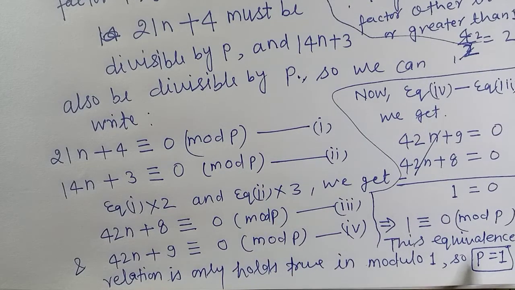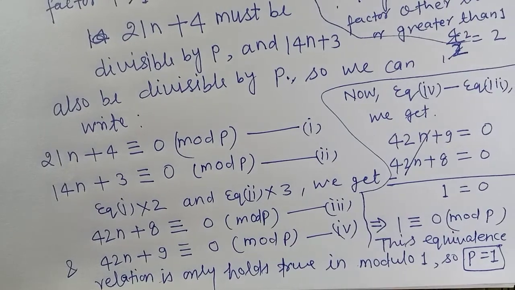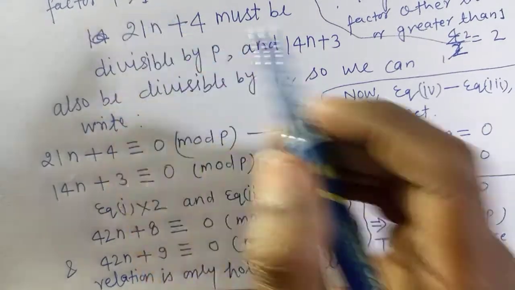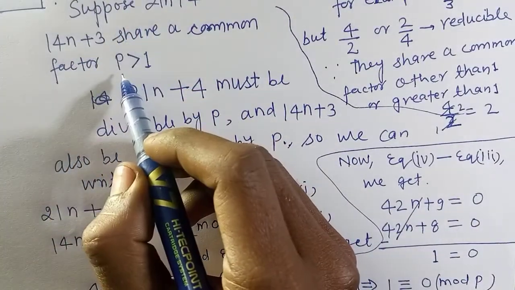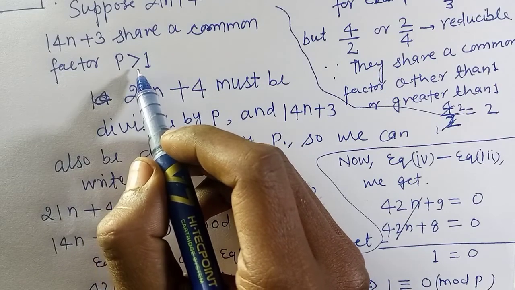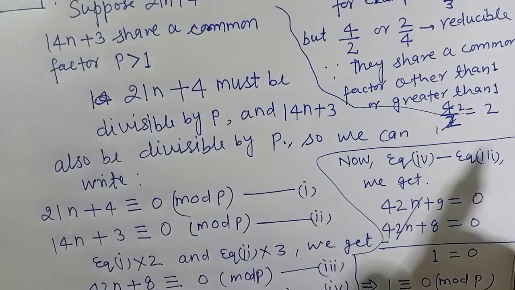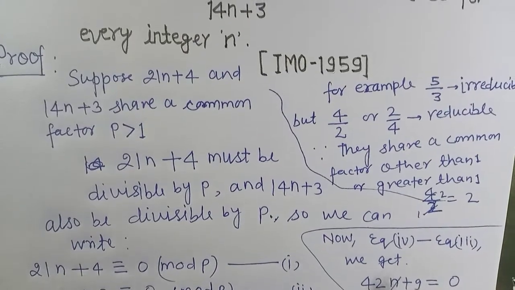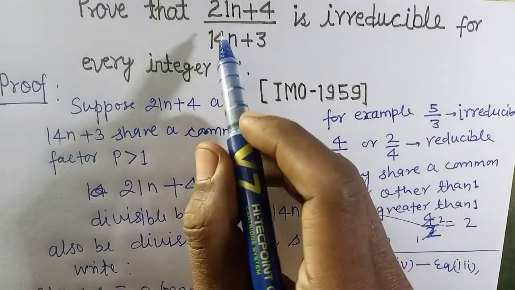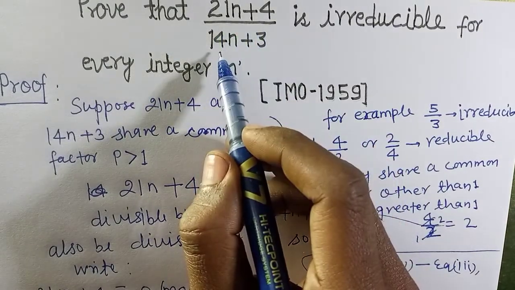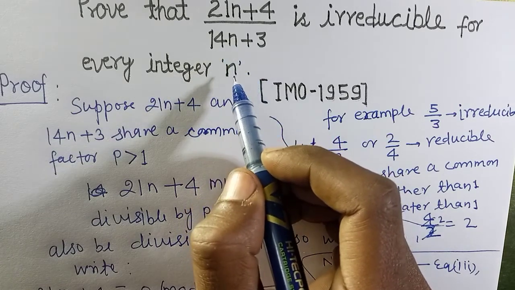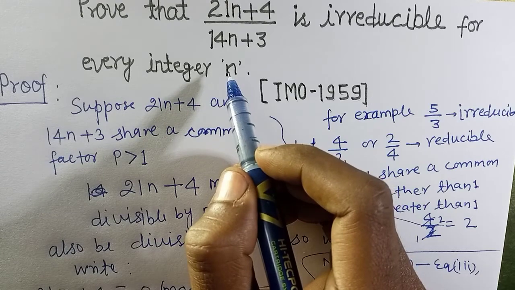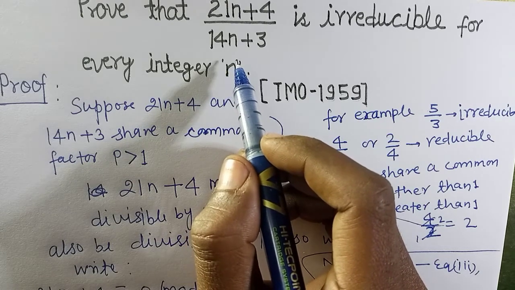So we have arrived at the conclusion that p must be equal to 1, but in the beginning we assumed that p is greater than 1, so that the fraction (21n + 4)/(14n + 3) shares a common factor and can be reduced.